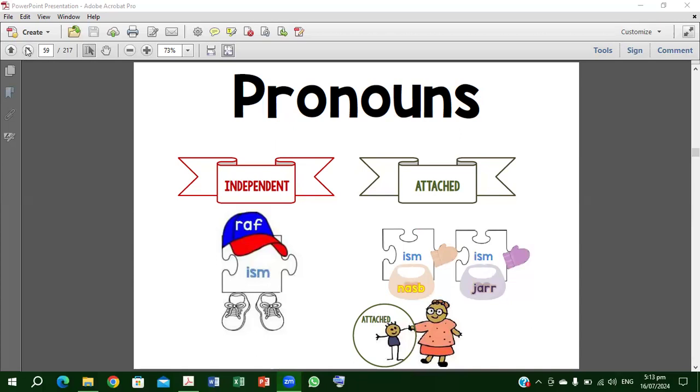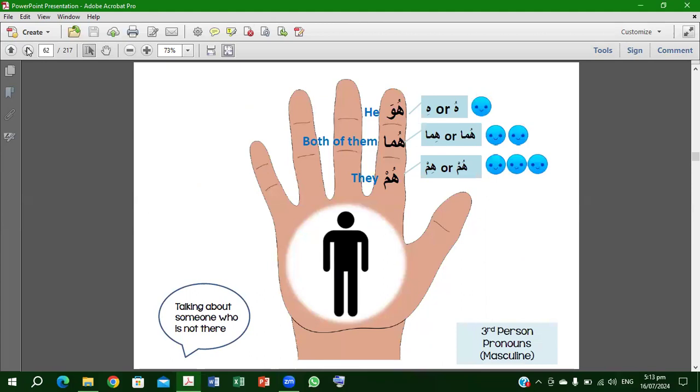Let me show you the table. This is the table: huwa, huma, hum, and they are independent pronouns. Huwa is an independent pronoun, and hu, he or him, is an attached pronoun.